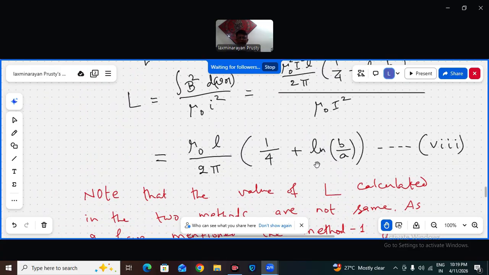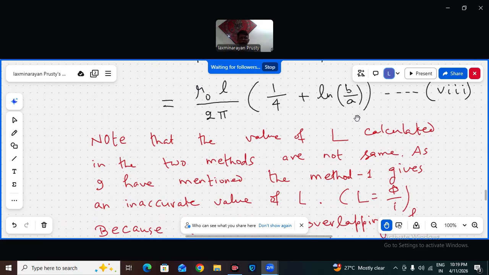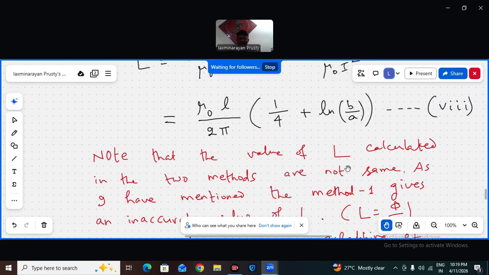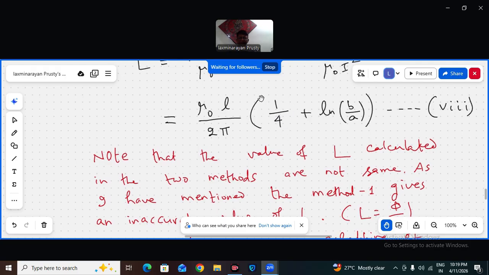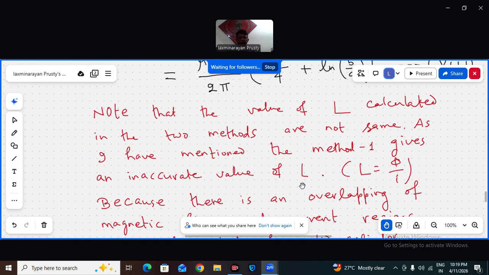The other two terms are the same, but note that the value of L calculated in the two methods is obviously not the same. This is 1 by 4 in the second method, 1 by 2 in the first, L equals flux by I method. As I mentioned, method 1 gives an inaccurate value of L.